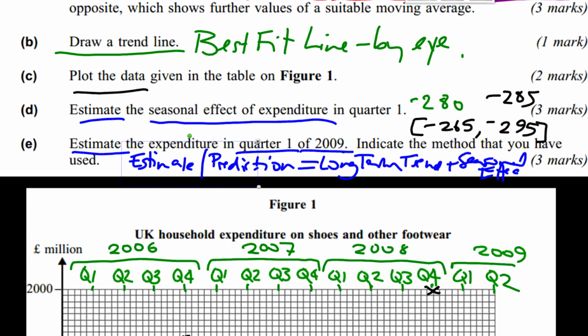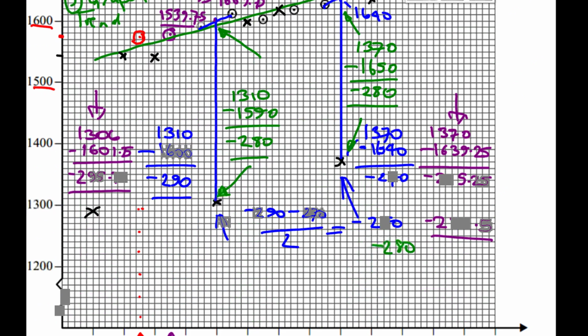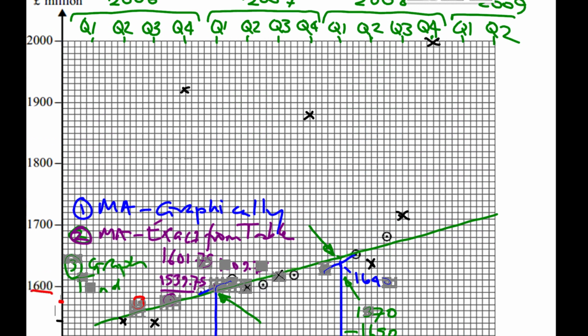Okay, so how can we find our long-term trend? Well, we drew our trend line, so let's have a look where that would be at Q1. Our green line is our trend line, and at Q1 we predicted that the trend line would take us to, I'm going to mark it in blue there, this point here.